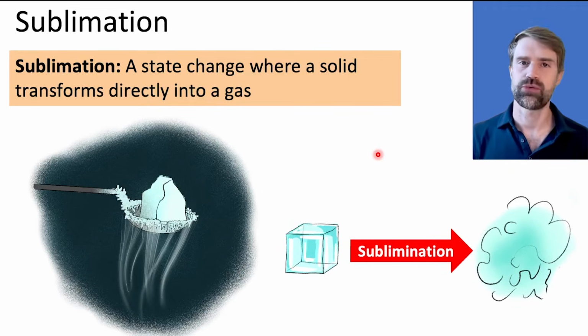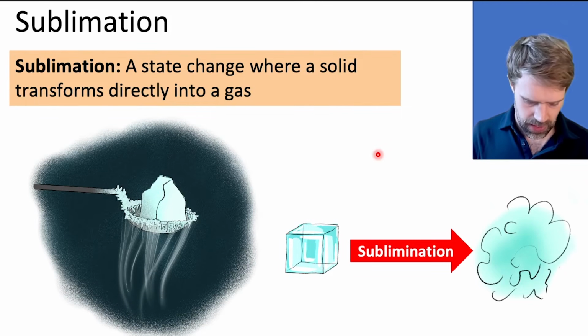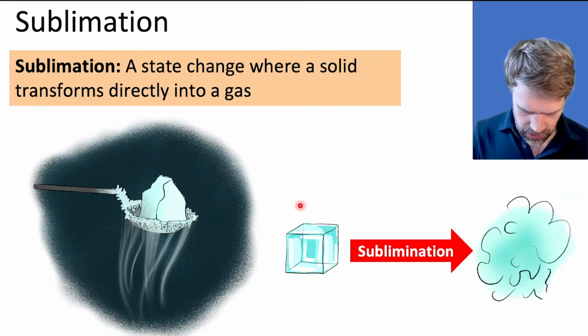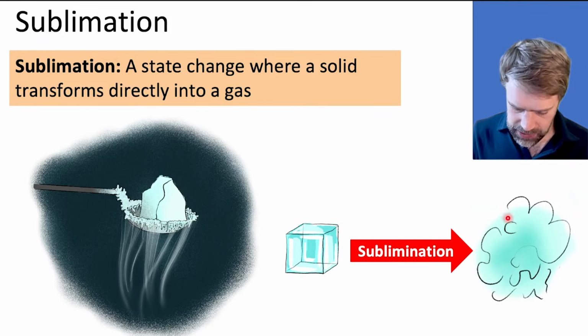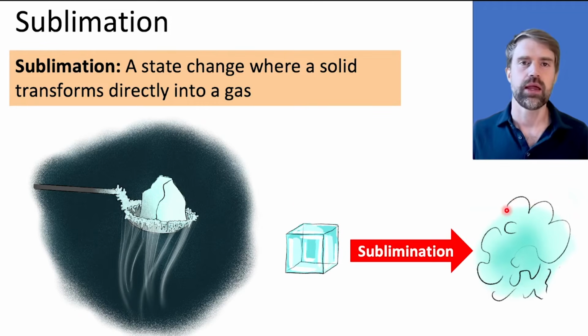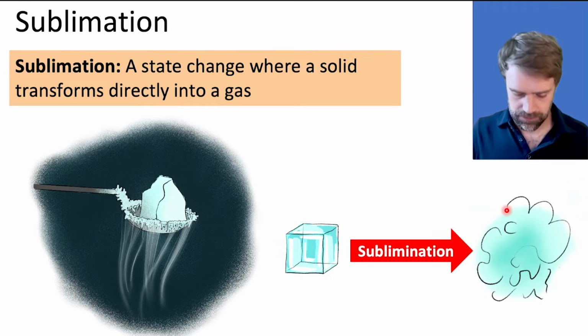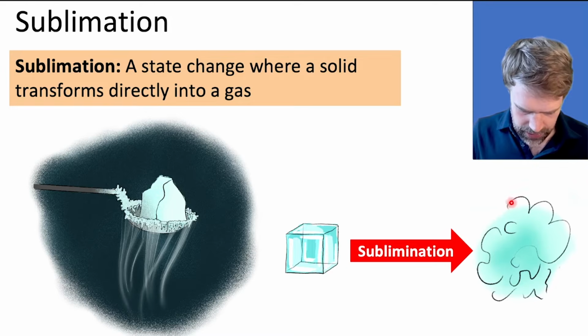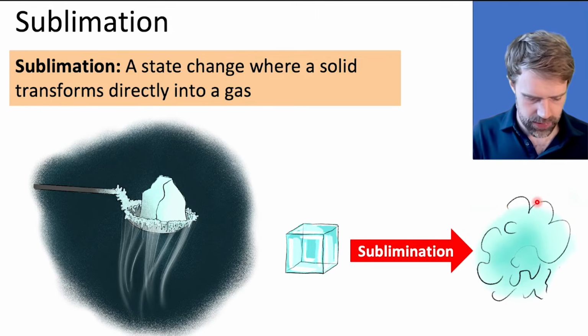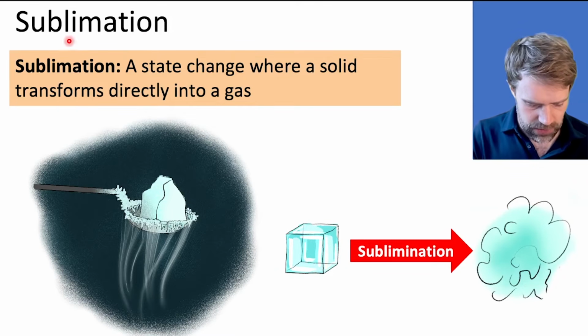There are 2 other phase changes that we should talk about, and they're ones that you might not have heard about before. Sometimes a solid, as you can see here, transforms directly into a gas. It doesn't first melt into liquid. It's like it skips liquid and goes straight from solid to gas. We call this sublimation.